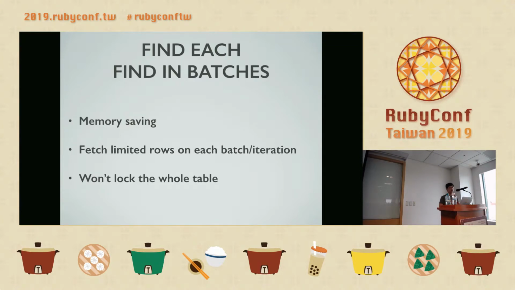The intention is to optimize memory saving when you loop through very large datasets. You can control how big it is, and there are even a few options for you to limit the batch size. When you work through a migration and want to backfill the data, using update in batches also provides the benefit of not locking the whole table.